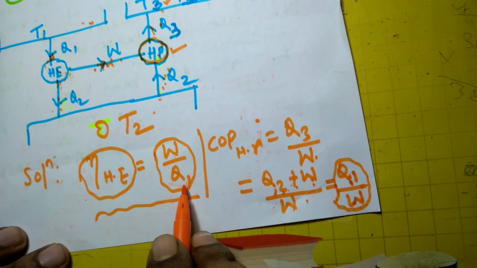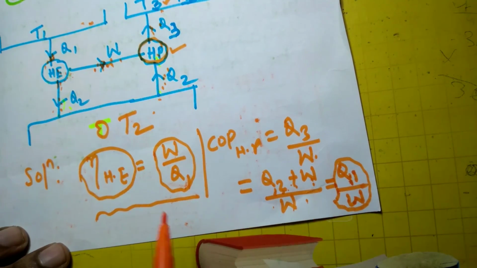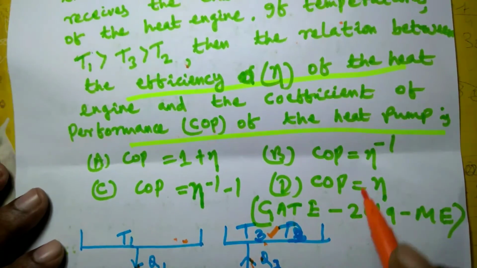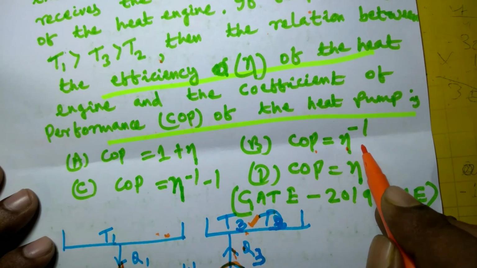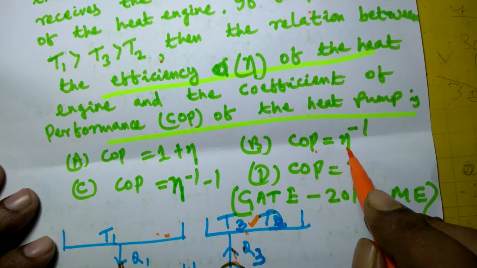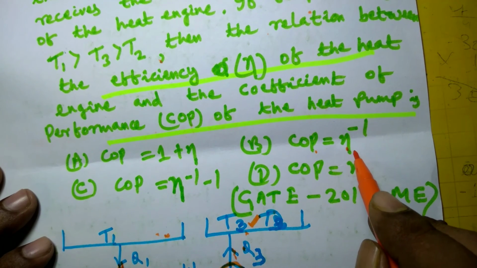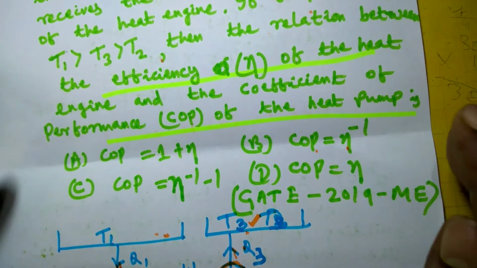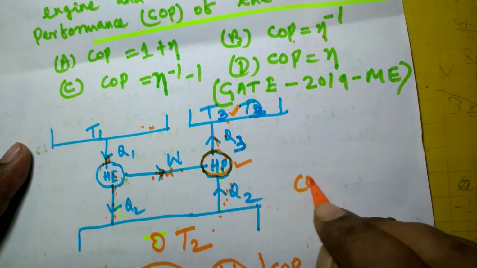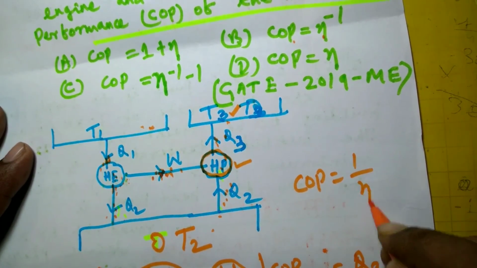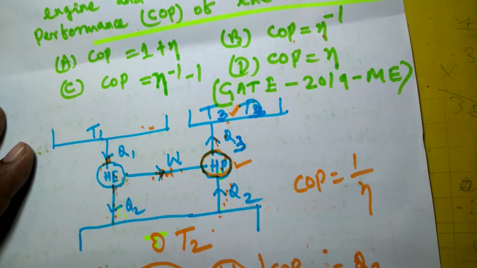So that means, out of the given options, this option is correct, because COP is the reciprocal of efficiency, or efficiency raised to the power minus 1. Efficiency raised to the power minus 1 means COP is equal to 1 by efficiency, and this is what we have found out.